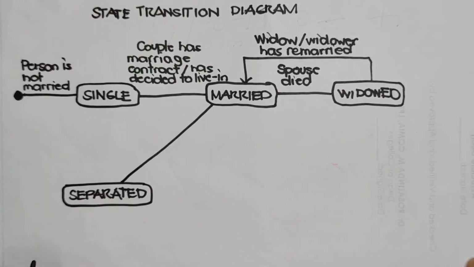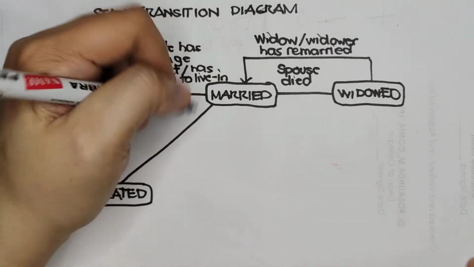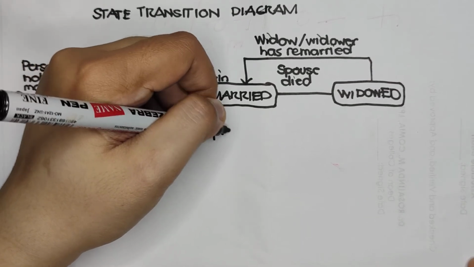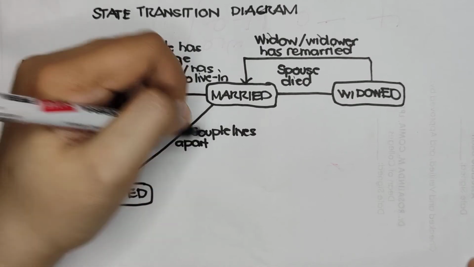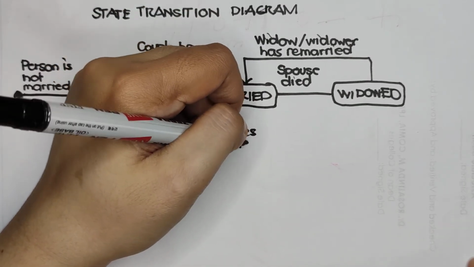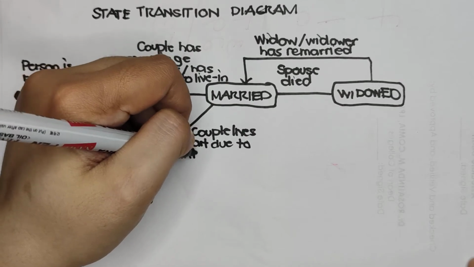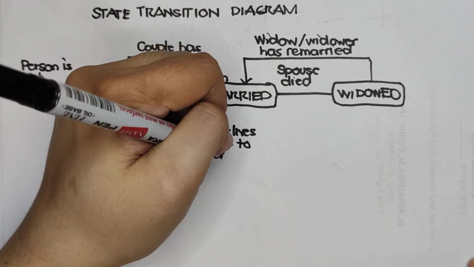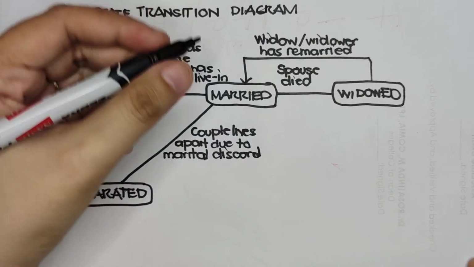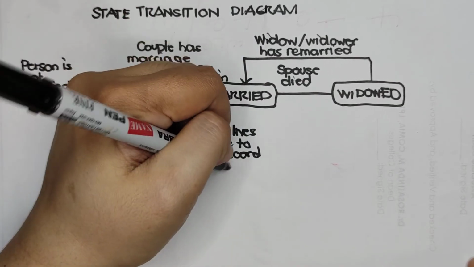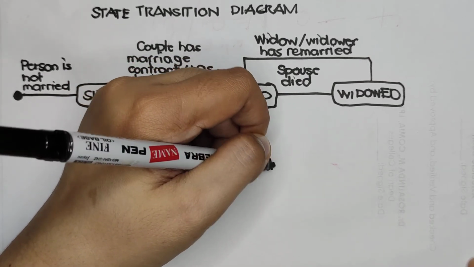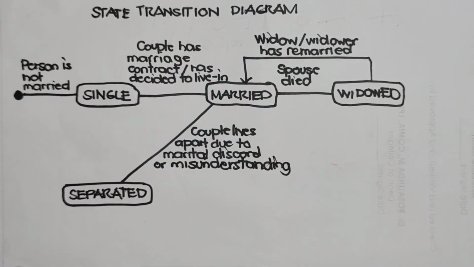The characteristic of separated is that the couple lives apart due to marital discord or misunderstanding. So that is our separated.